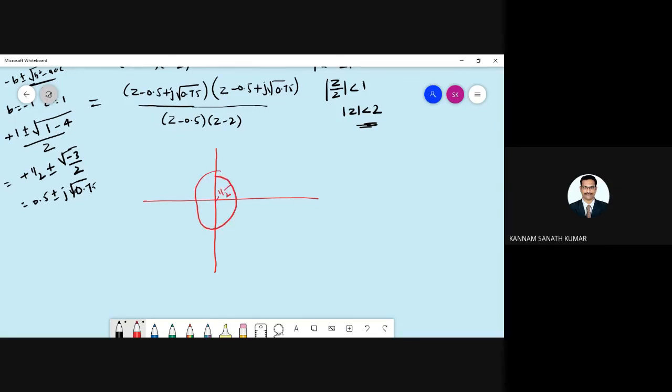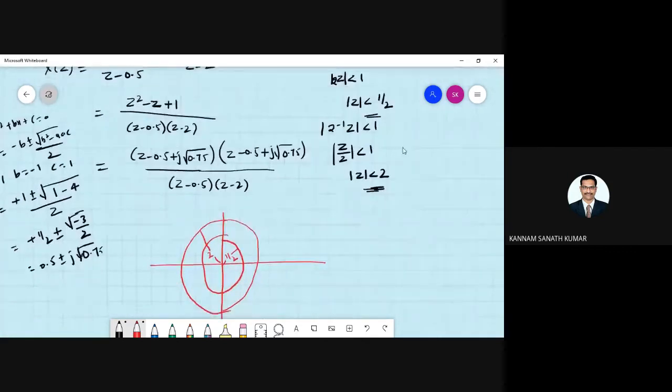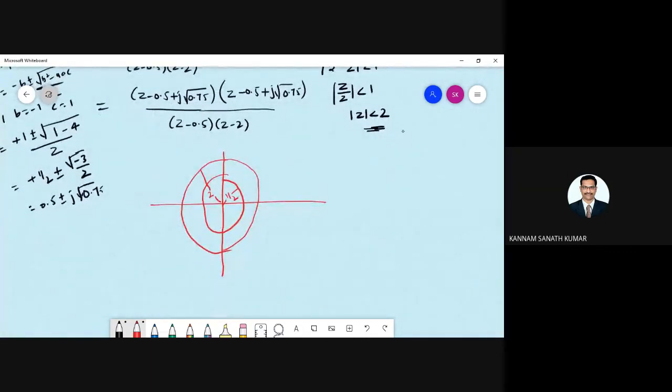Okay, another one is a circle of radius 2. So if you see the ROC, how much did you get? Mod z is less than 1 by 2. So one is mod z is less than 1 by 2. Okay, this is the ROC.